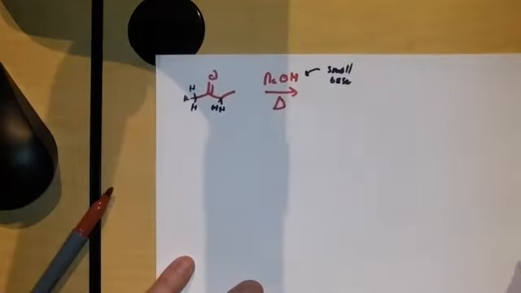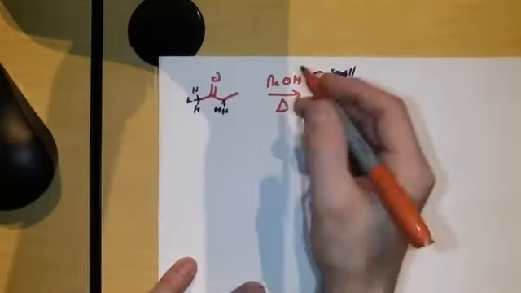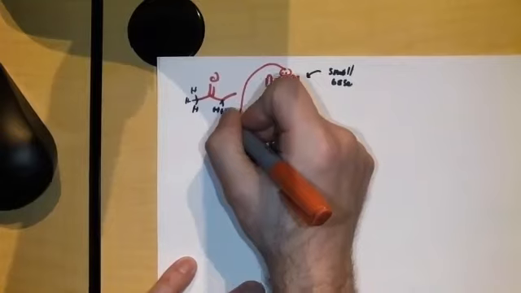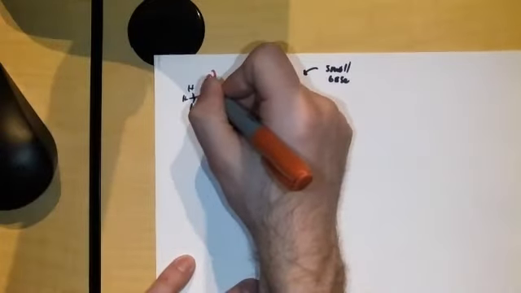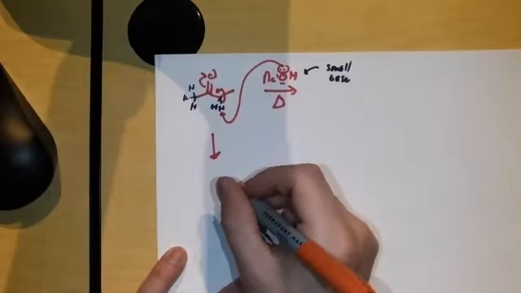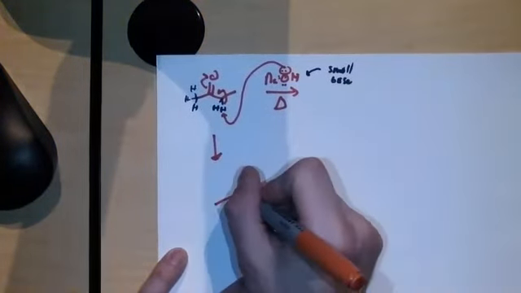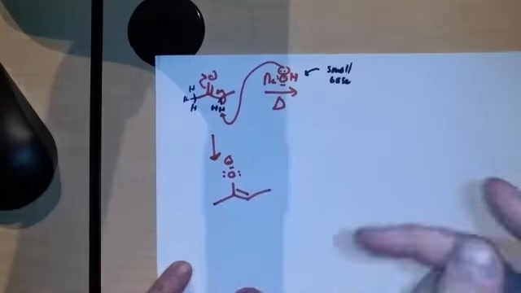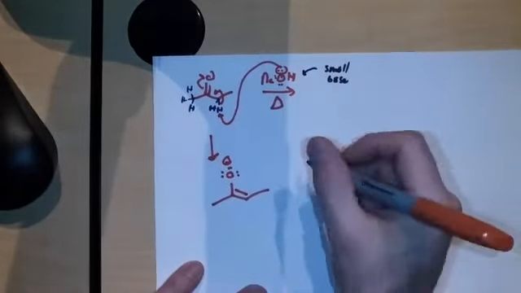We're just going to make this selective for our secondary position over here, which means we should form this enolate, who can interact with another equivalent of itself.